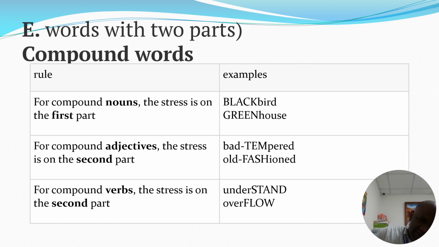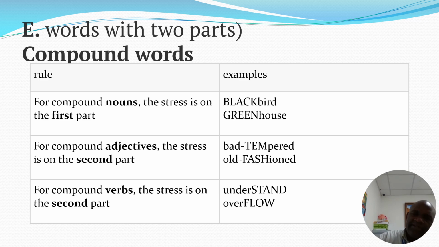And the most common stress in compound words. For compound nouns, the stress is on the first word, like blackbird and greenhouse. Greenhouse, the first syllable receives the stress. And we have another example: when the word is a compound verb, like understand, the stress appears in the second part, stand.